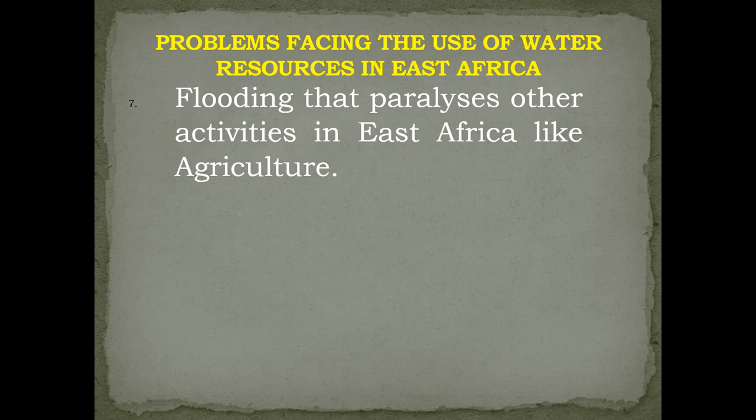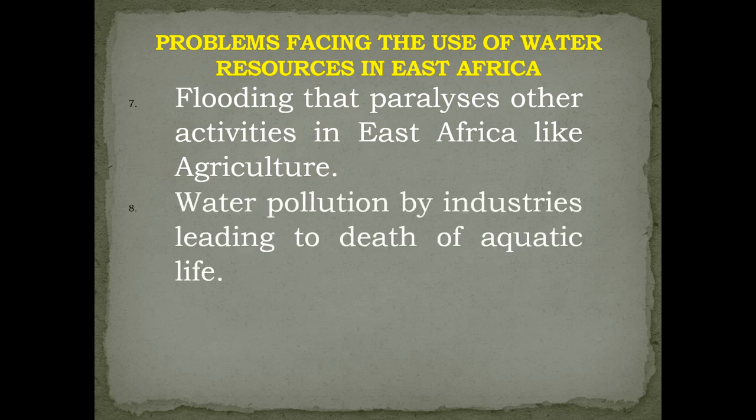Then flooding is another problem, and this flooding paralyzes activities in East Africa. For example, agriculture. The shores and the banks of these rivers will not be fully utilized for agriculture because of fear of the floods that may destroy crops periodically, especially during the wet season.